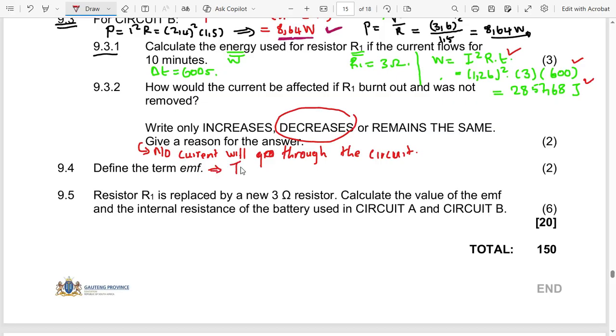So the EMF is the work done by the battery per unit charge passing through it. Okay, I'm very sorry guys about the writing there.